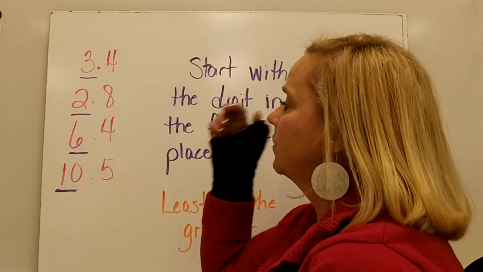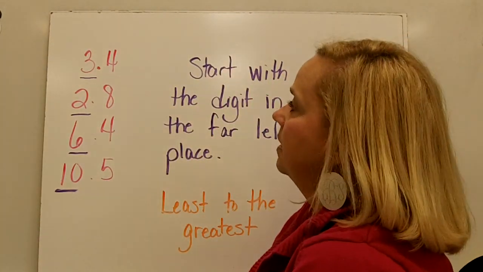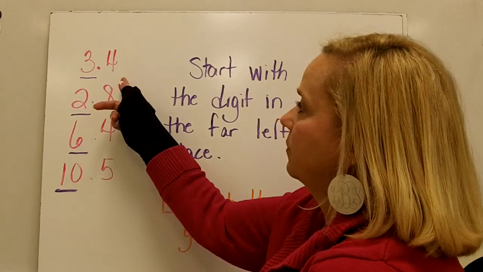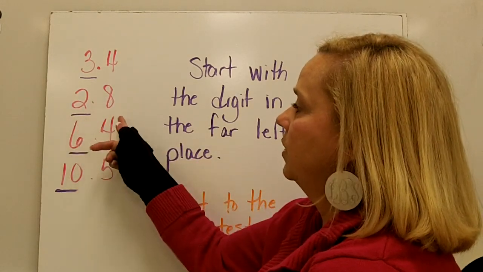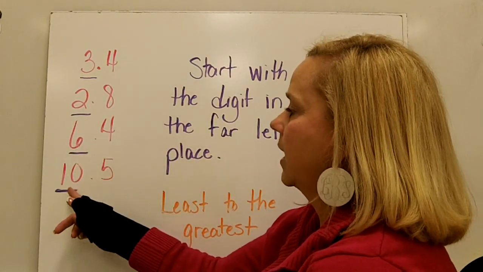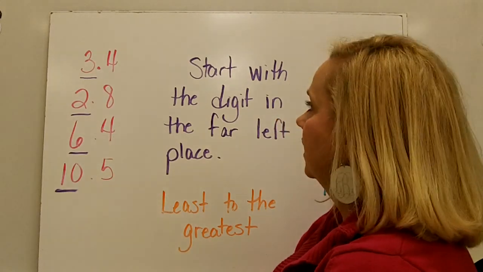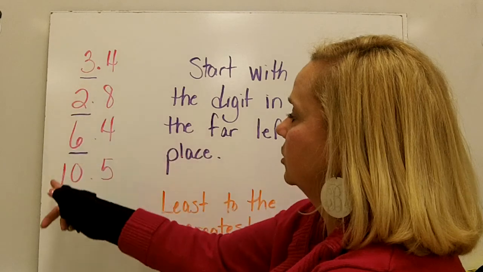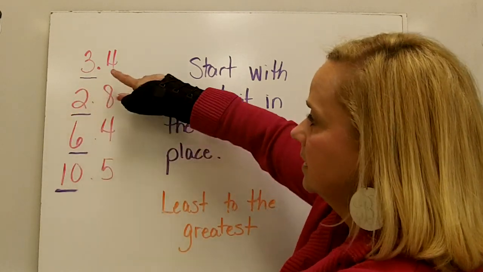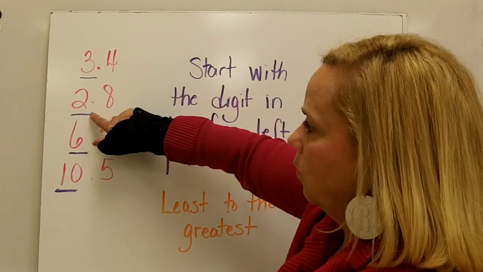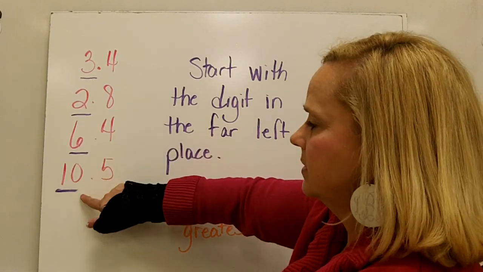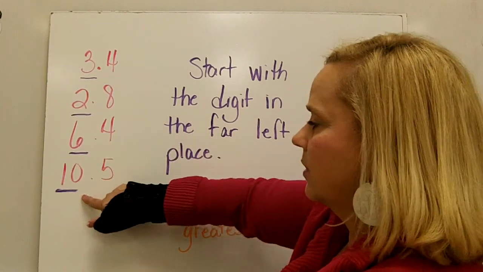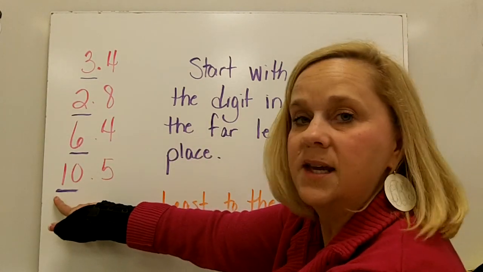Alright, now if you notice right here, I have a list of decimals here. I have 3.4, 2.8, 6.4, and 10.5. We're going to start with the digit that's in the largest place, and if you notice, this is ones, ones, ones, but this largest digit is in the tens place.